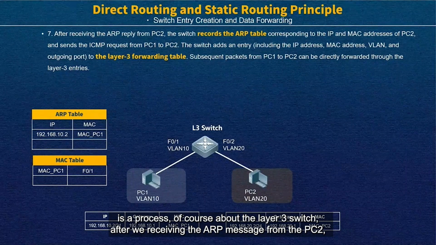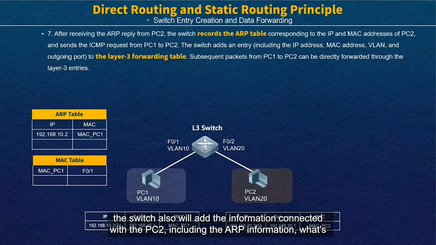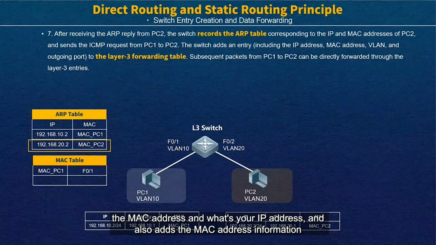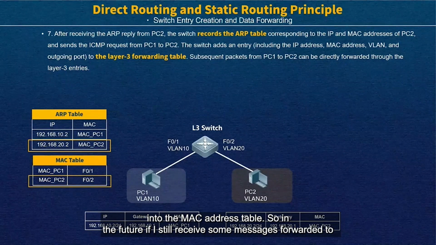Of course, about the layer 3 switch, after receiving the ARP message from PC2, the switch also will add the information connected with PC2, including the ARP information, what's the MAC address and what's the IP address, and also add the MAC address information into the MAC address table.